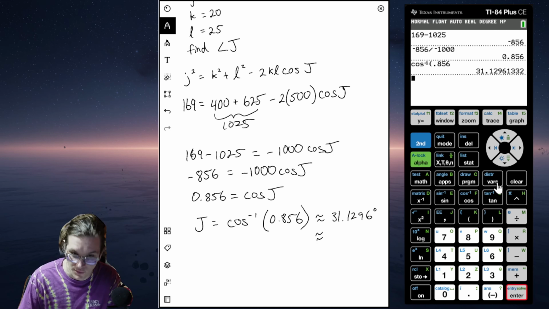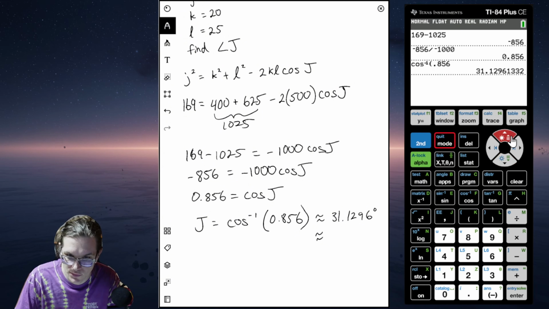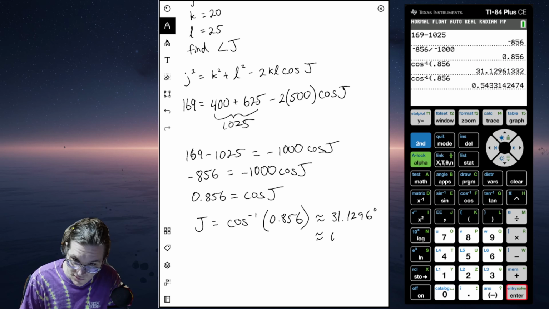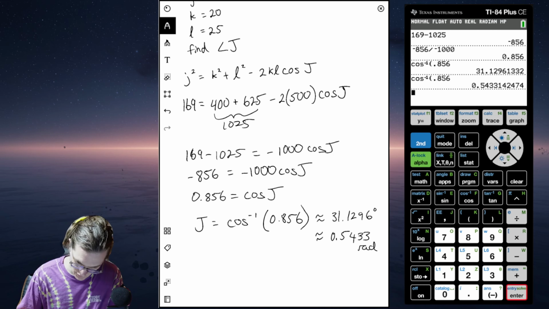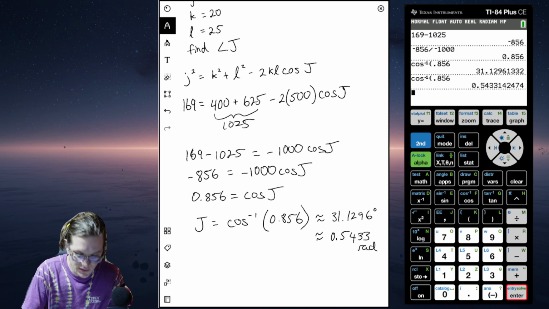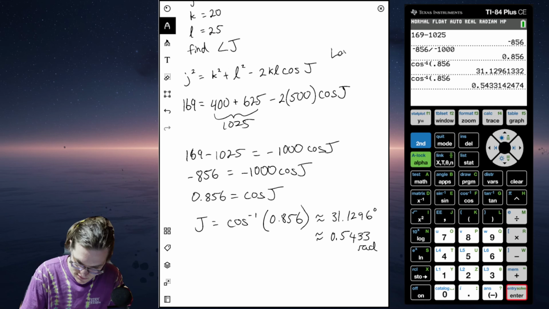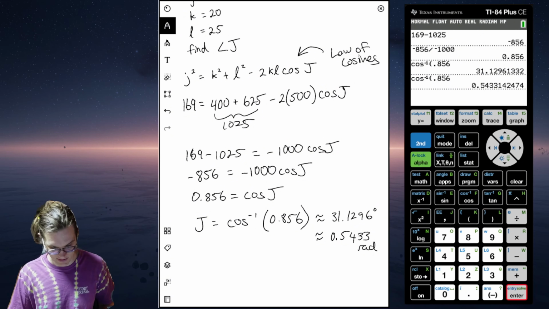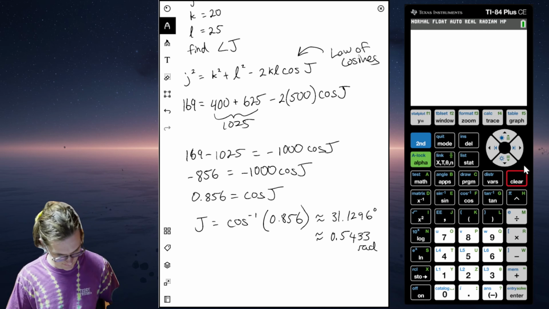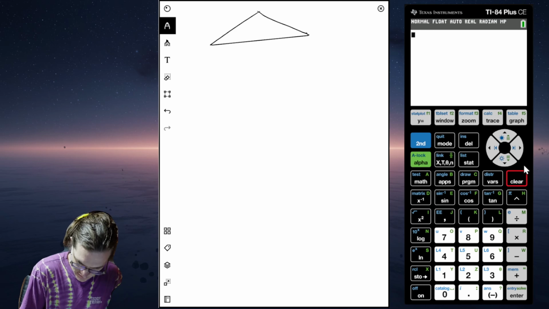Again, that's approximately equal to 0.5433 radians, right? So we did it. We took what we were given, we applied what we know, which is the law of cosines, and plugged in the values and calculated the angle J. Good stuff.